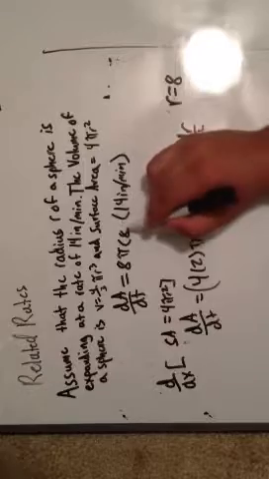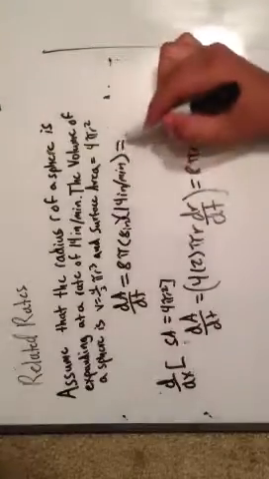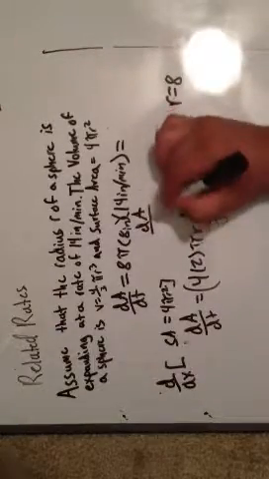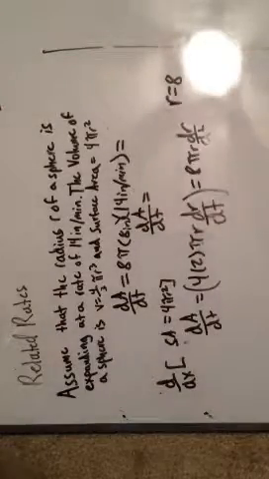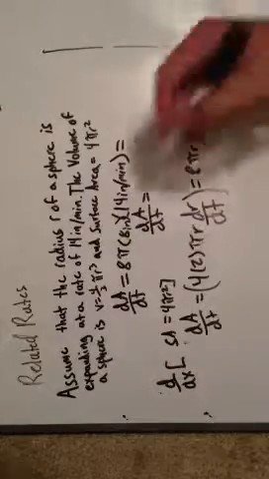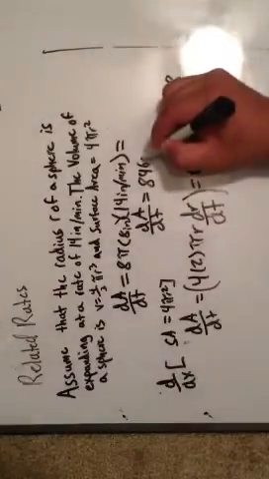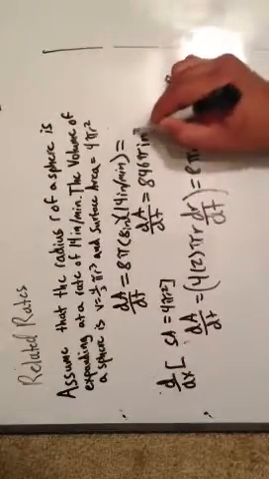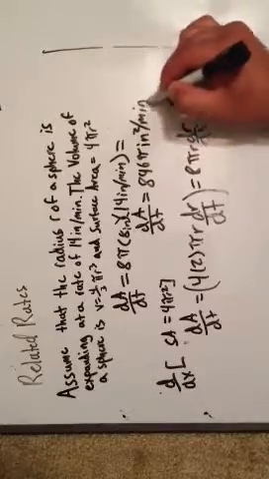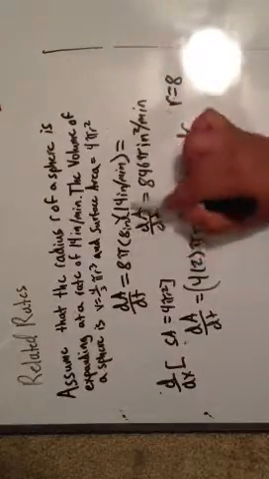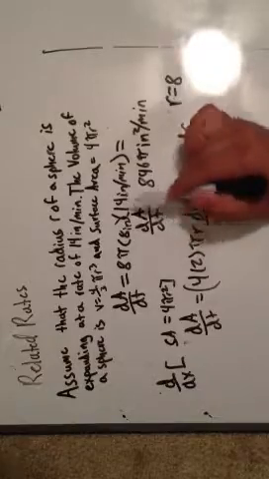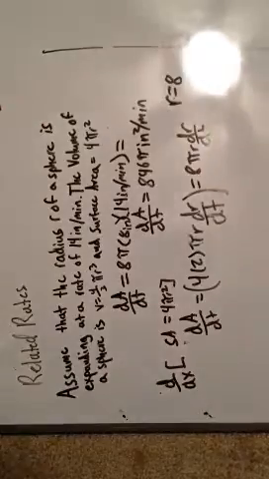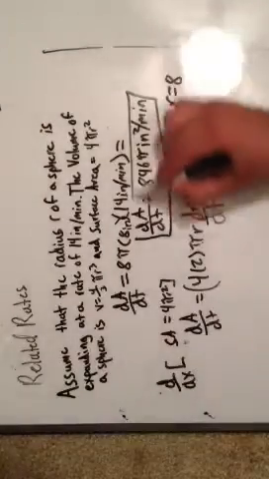This is going to come out to dA dt equals 896 pi inches squared per minute. These units come from multiplying inches times inches, which equals inches squared, and then the minutes go across as well. And that is your final answer for that one.